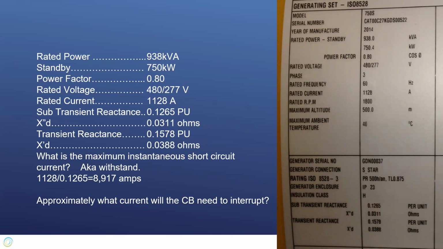So the interrupt current, the KAIC, the interrupting current, is calculated from the 1128 again, divided by the transient reactance per unit. And so that's the amount of current the circuit breaker has to interrupt. Typically, you'll see circuit breakers with a 10,000 amp KAIC.